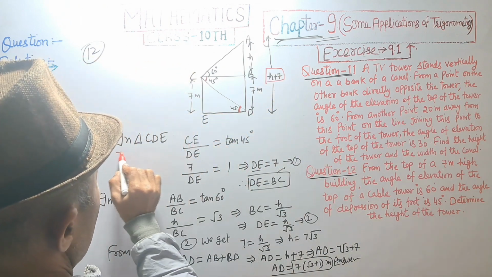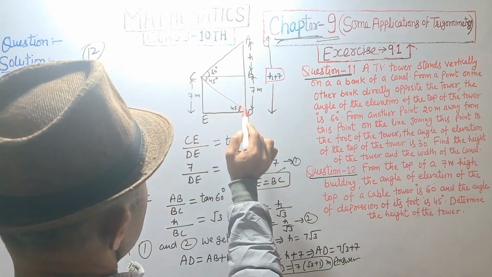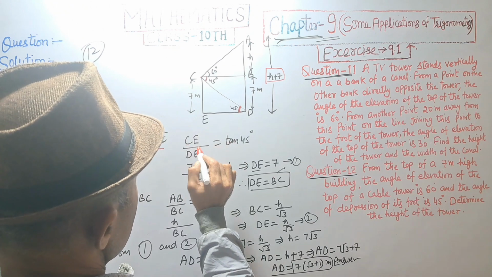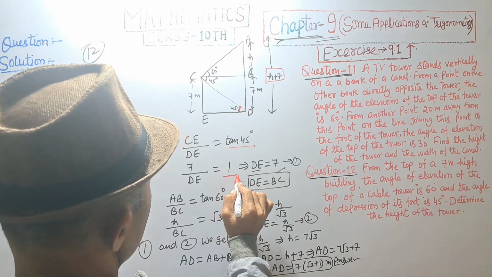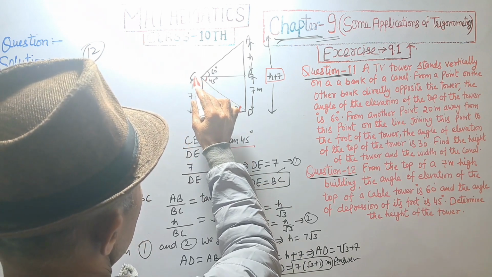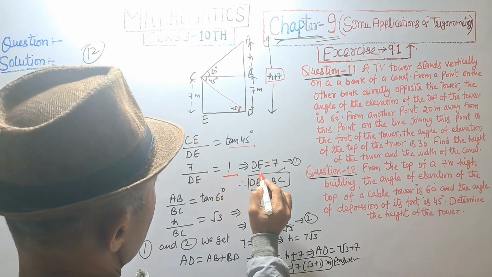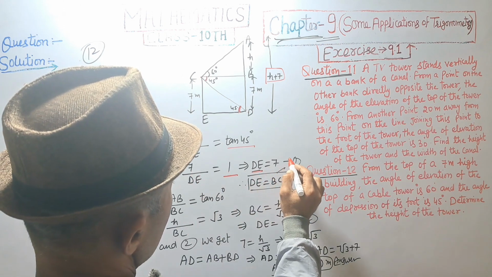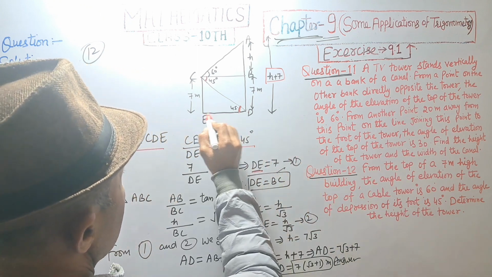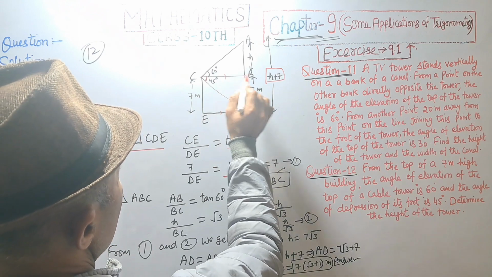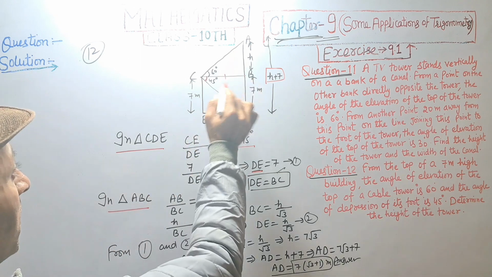First of all, in triangle CDE, CE upon DE is equal to tangent 45 degrees, that is equal to 1. CE is equal to 7, so DE is equal to 7, equation first, and DE is equal to BC.